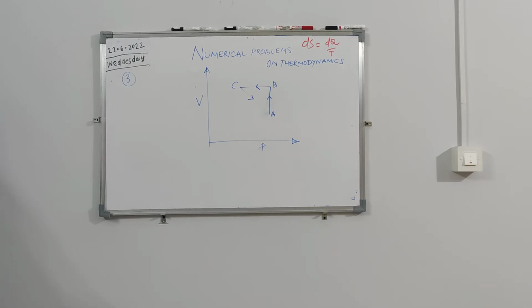So they are saying heat supplied to the gas in the cycle is 5 joule.